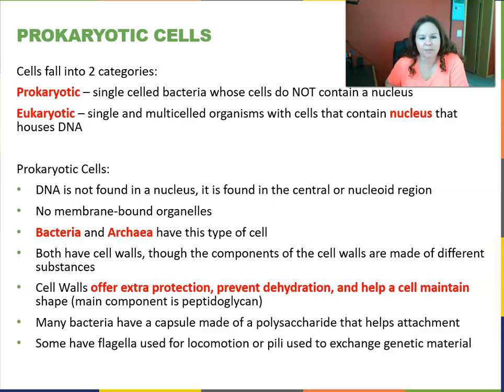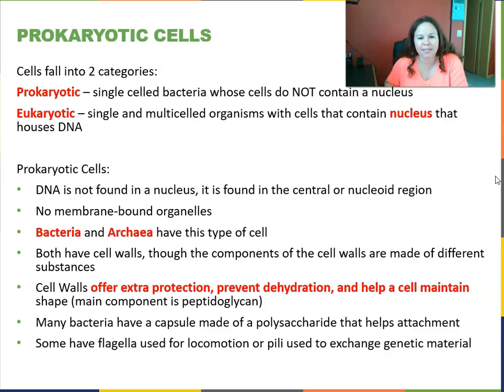So here we go. Cells fall into two main types of categories, the prokaryote category and the eukaryote category. If your cell is in the first category, we call that a prokaryotic cell. And if your cell type falls in the second one, then you have a eukaryotic type of cell.